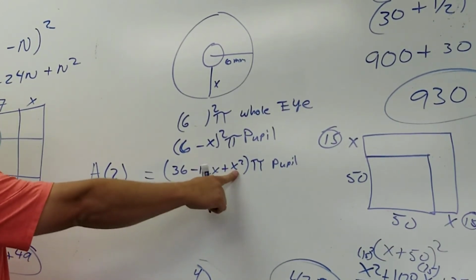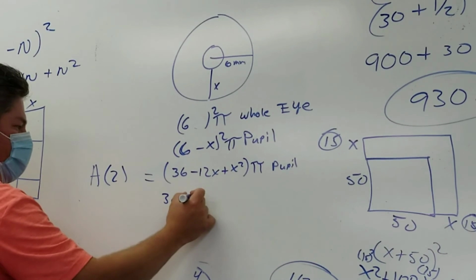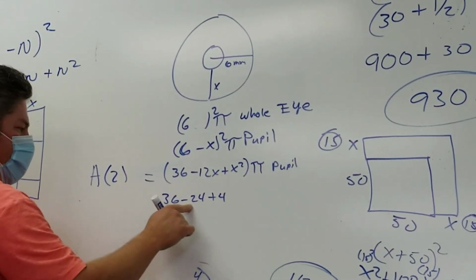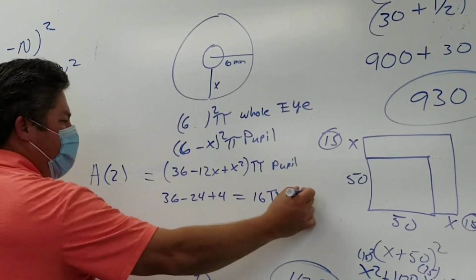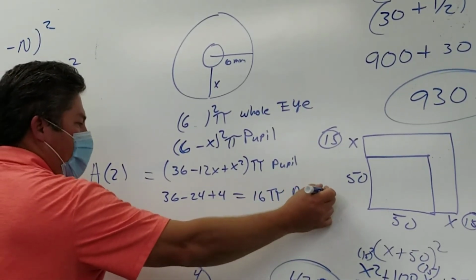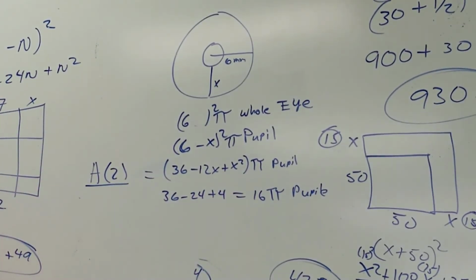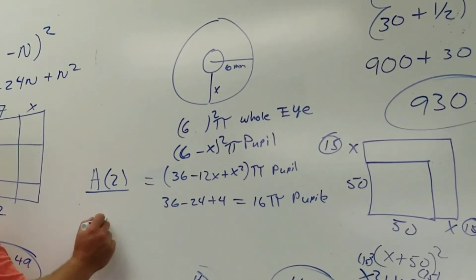So let's put in a 2 there. What are you going to get? 2 squared is 4. So 36 minus 24 plus 4 equals 16 pi. That is the size of the pupil after you entered the room. Before you entered the room, we're going to put B for before.